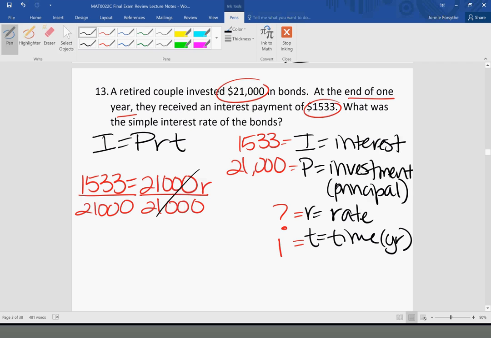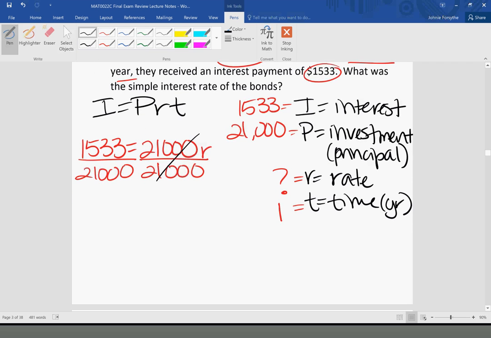So we've got 1,533 divided by 21,000. Okay, that is larger than this, so we're going to add some zeros in here.